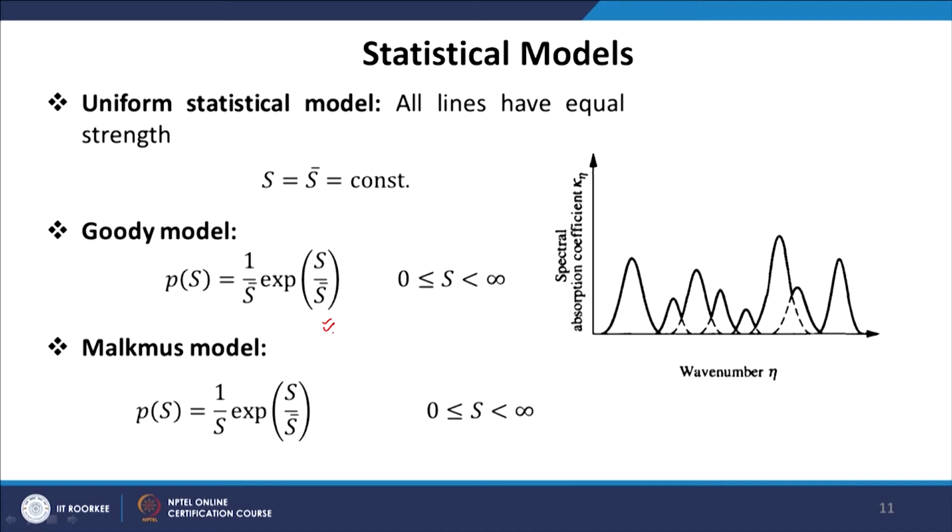The third model is the Malkmus model, which basically replaces the denominator S bar, the mean line strength, with S, that is the particular value of S. So, there is a small difference between the Goody model and the Malkmus model. Goody and Malkmus models have enjoyed great popularity in combustion as well as in atmospheric sciences. So, these two models we will discuss, and the uniform statistical model we will not discuss.